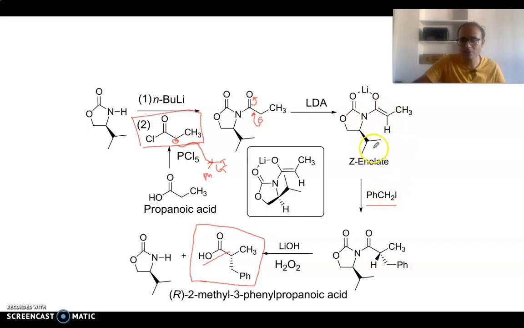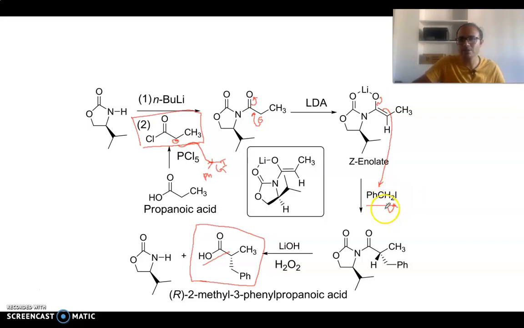Because the top side of this molecule is sterically hindered by this isopropyl group. So when the negative charge gets back and attacks this particular CH2 and I leaves here, basically it's a nucleophilic substitution reaction.